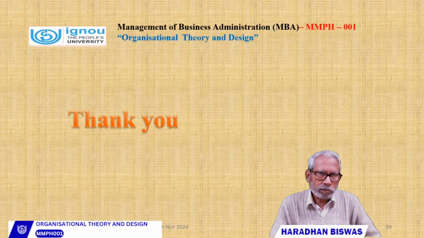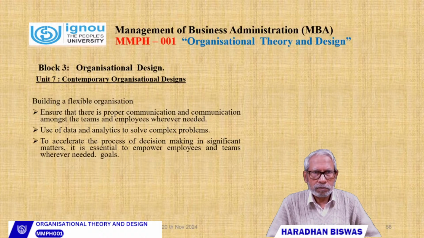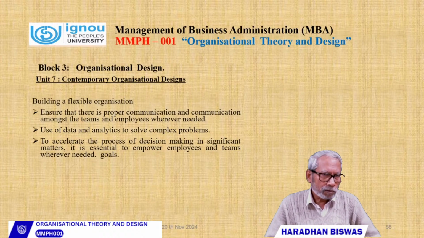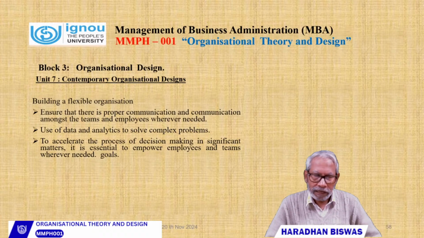So now we have covered some of the important aspects of organizational design, where we have seen a lot of structural and topological parts: horizontal, vertical, matrix, and especially hybrid, and the different applications we have seen, and the factors.